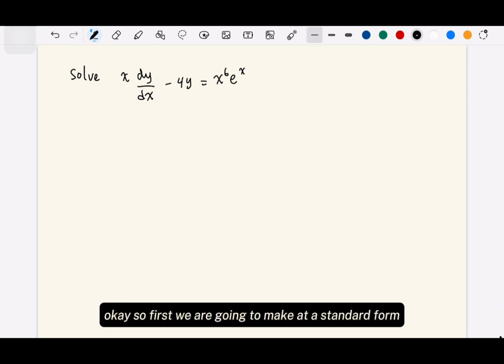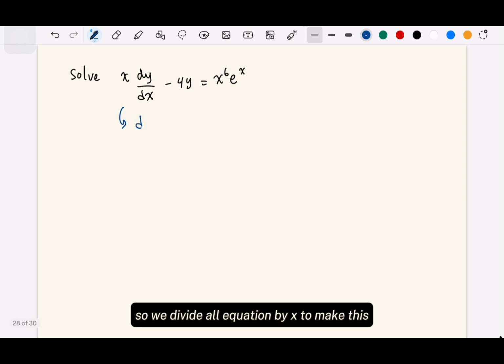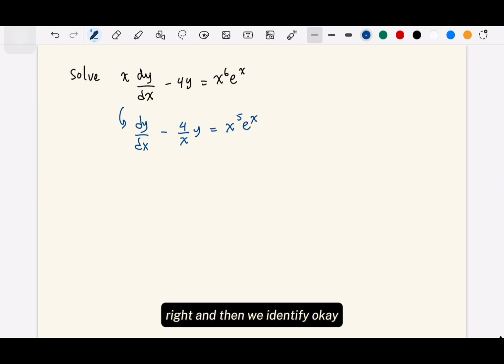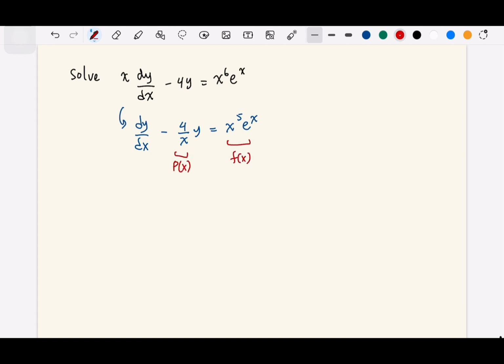Okay, so first we are going to make a standard form. So we divide the whole equation by x to make this, right? And then we identify, okay, this is f of x, this is p of x, right?